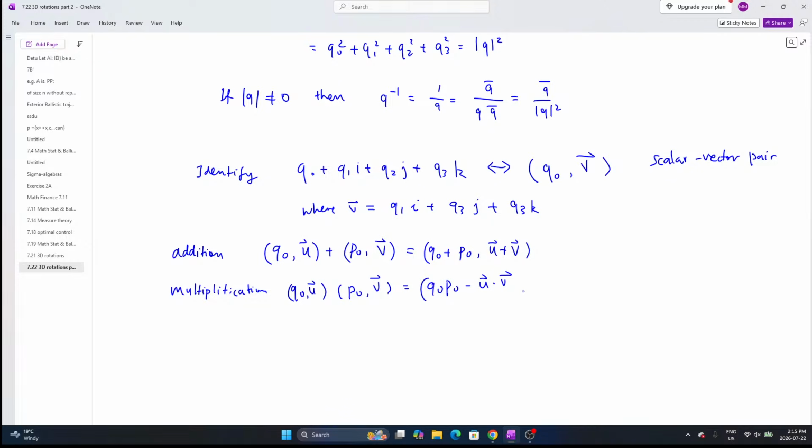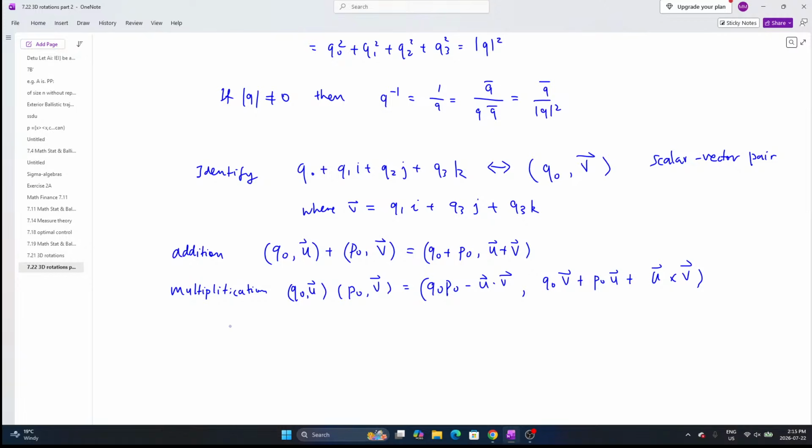So everything else should be in the vector parts. Okay, so the vector part, as we mentioned, have Q naught V plus P naught U and plus U cross V.